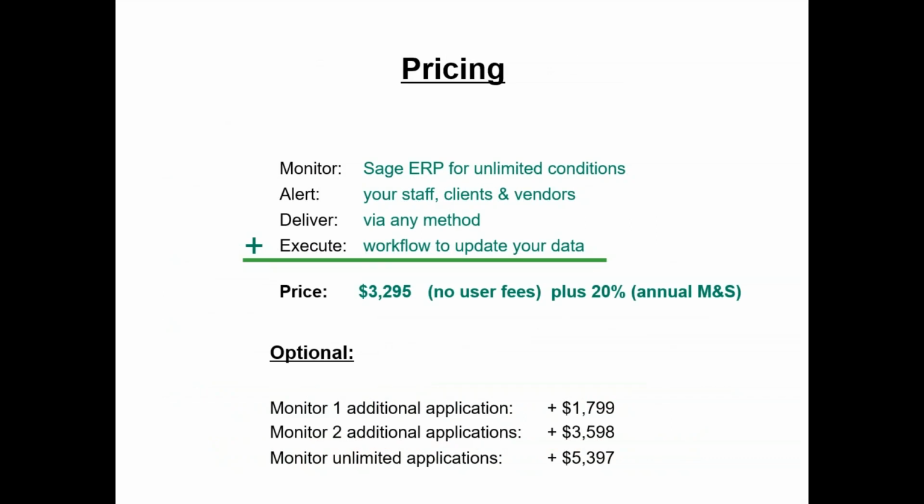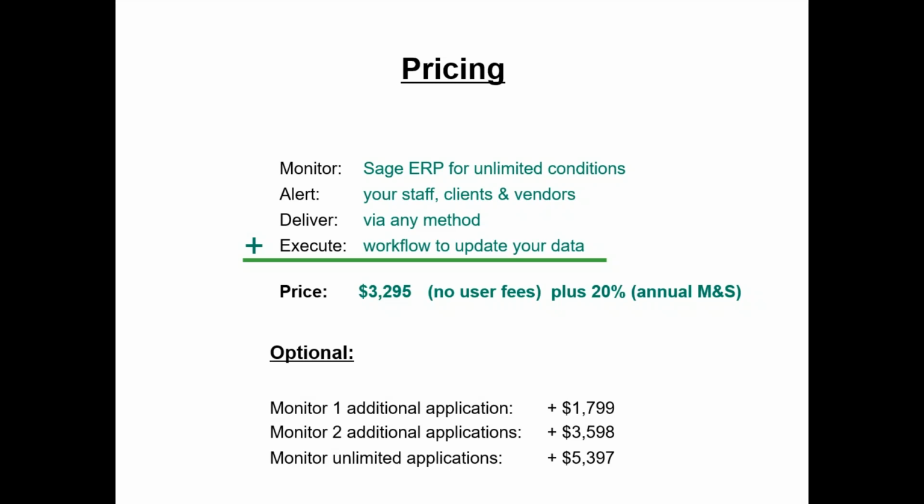So before we get into the products, so you can have a look at how the application operates, I just do want to go over licensing and pricing. Alerts and workflow is not licensed per user. It doesn't matter how many people you have within your organization, doesn't matter how many Sage 100 licenses you have. Instead, alerts and workflow is licensed according to the number of applications you want it to monitor.